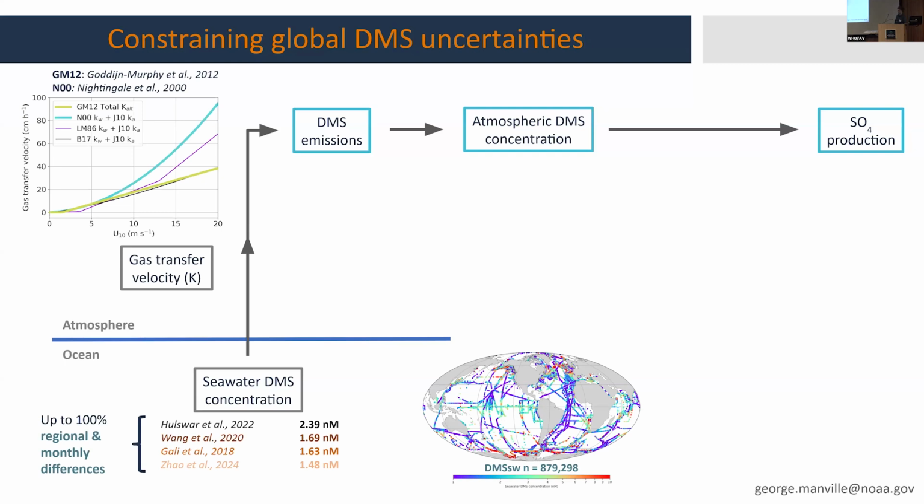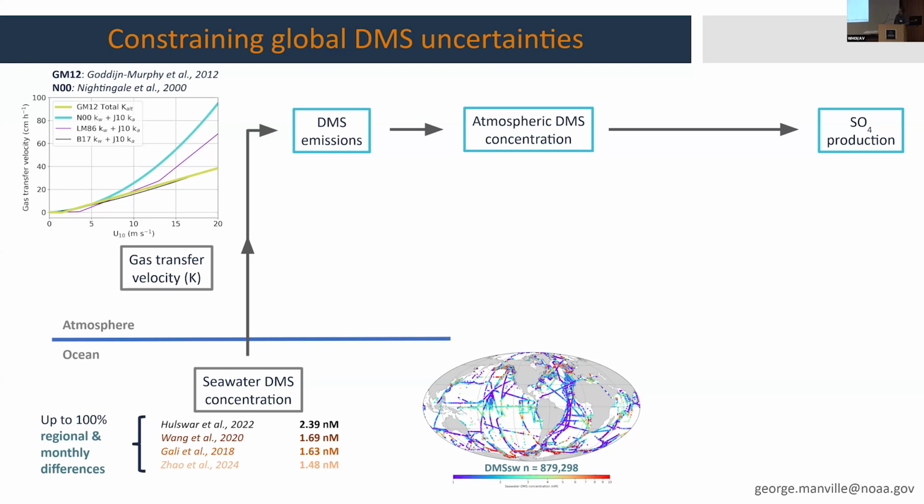However, there are multiple estimates available, and they all have up to 100% regional and monthly differences by using different amounts of similar input data. Then there are uncertainties associated with the transfer velocity.